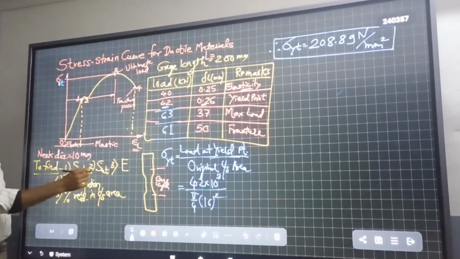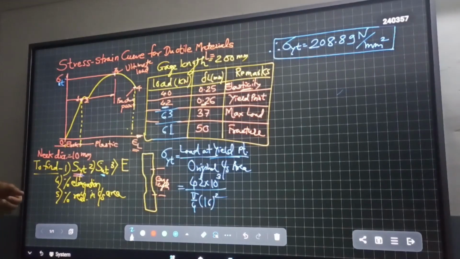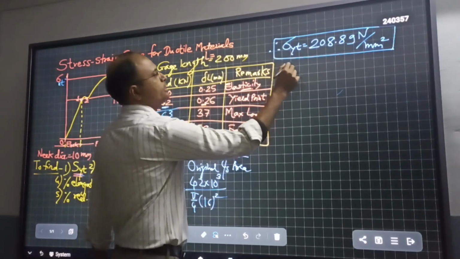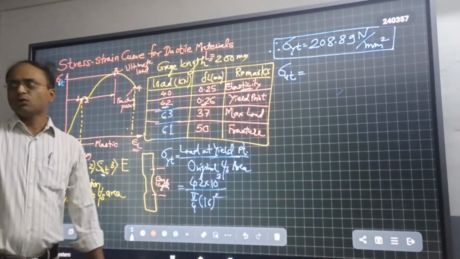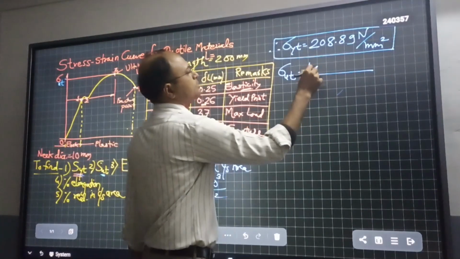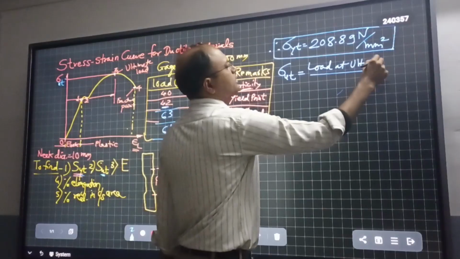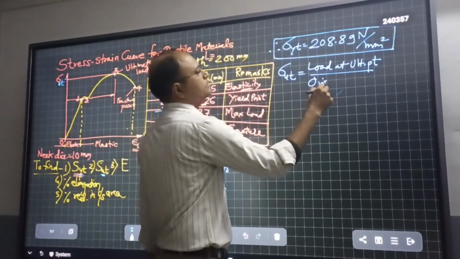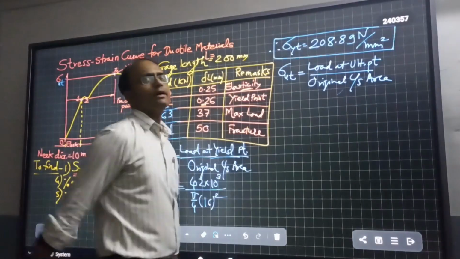Second, we have to find sigma UT. Now tell me which value of load will you use for sigma UT? Maximum load. Sigma UT is equal to load at ultimate point upon original cross sectional area.